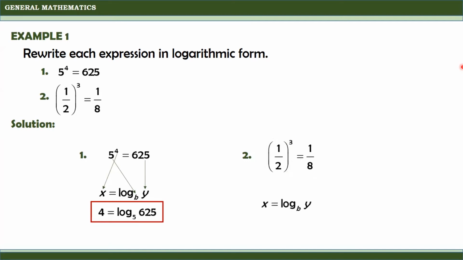Again, the logarithmic form is x equals log base b of y. Thus, we need to substitute 3 to x, 1/2 to b, and 1/8 to y. It will result in the logarithmic form 3 equals log base 1/2 of 1/8.